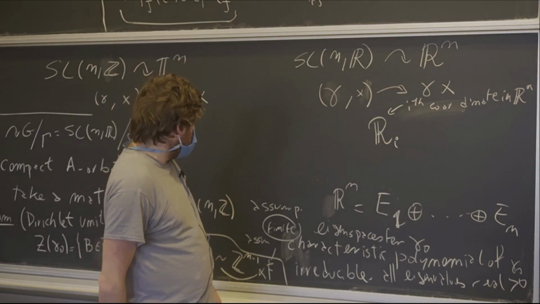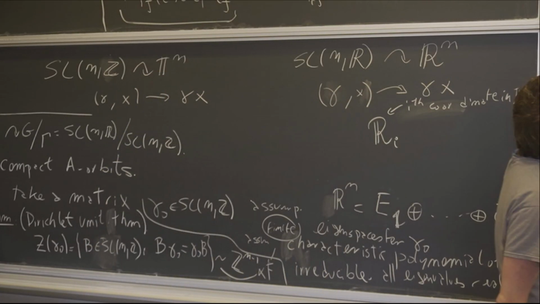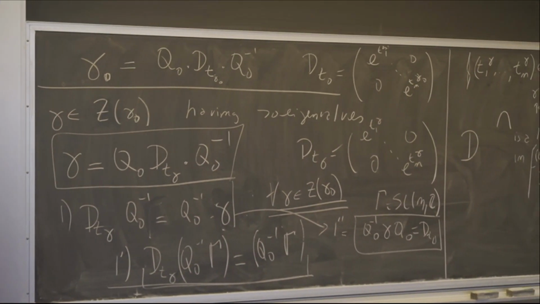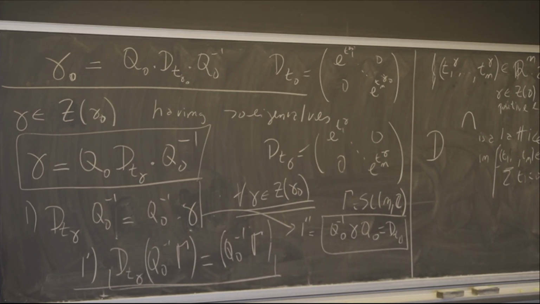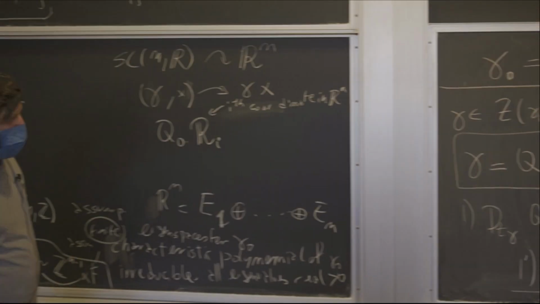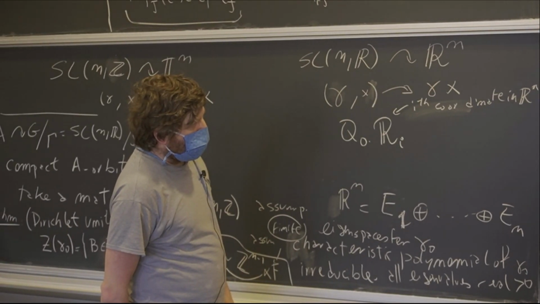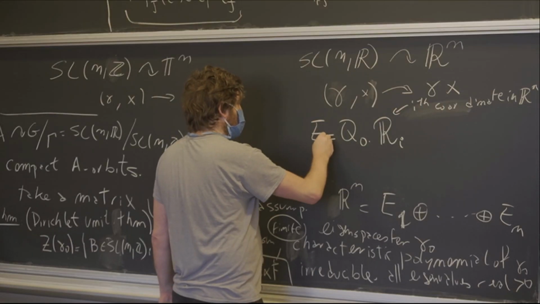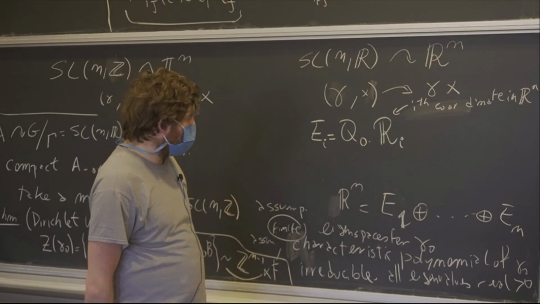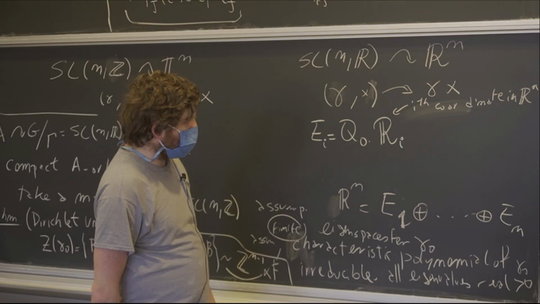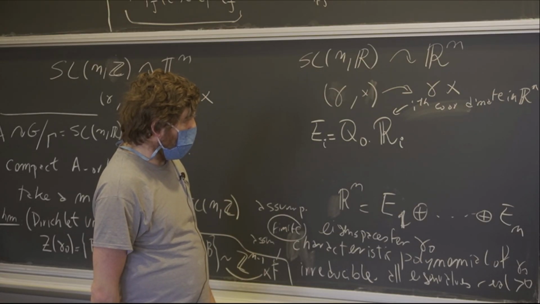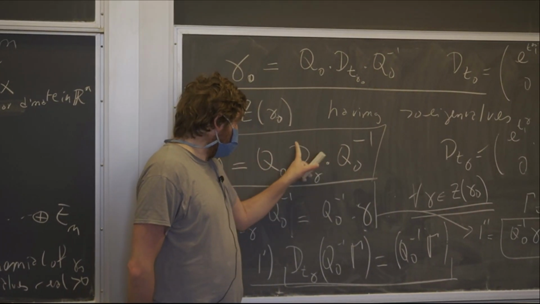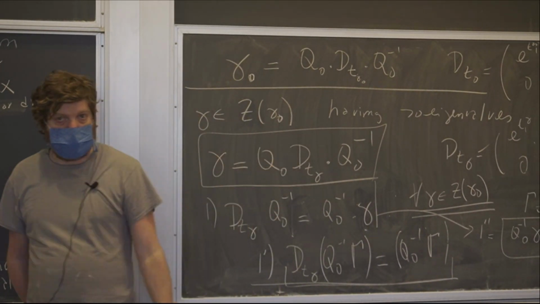and now I push it. Let's see how I wrote the formula. So if I push it by Q naught, this will be the E_i, because if I apply E_i here, this is the same as applying Q naught times R_i, and then the diagonal maps R_i into R_i, and then E_i maps.